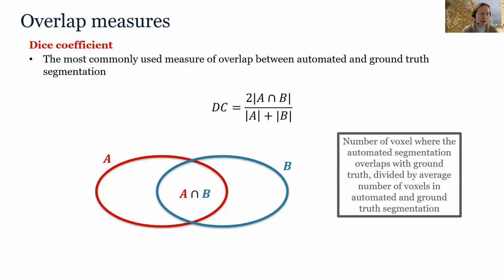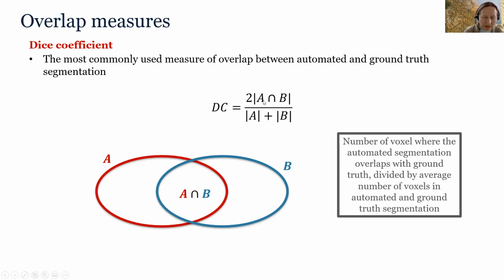The most common overlap measure is the Dice coefficient, and this measures the overlap between automated and ground truth segmentation. So let's say that A here represents the automated segmentation, the red ellipse, and B represents the ground truth. Then the overlap will be A intersection B, so this area here.